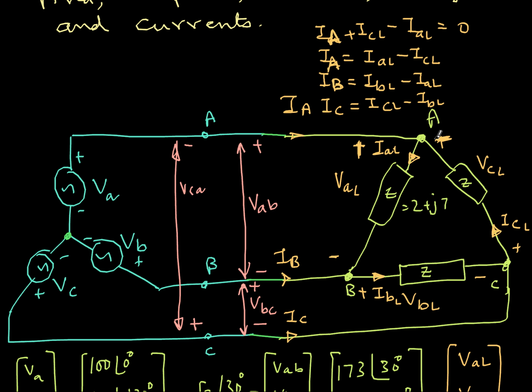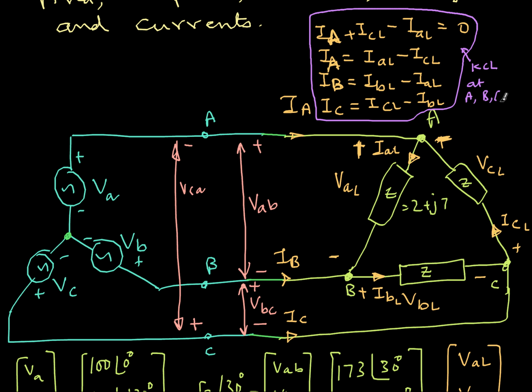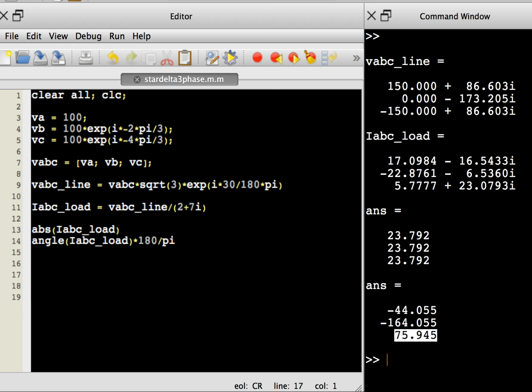So these are my KCLs at ABC of the load. Let me highlight this separately. The same thing I will enter into my MATLAB code, then I will be able to get that.